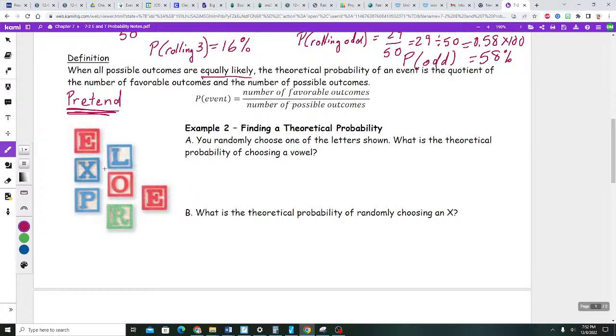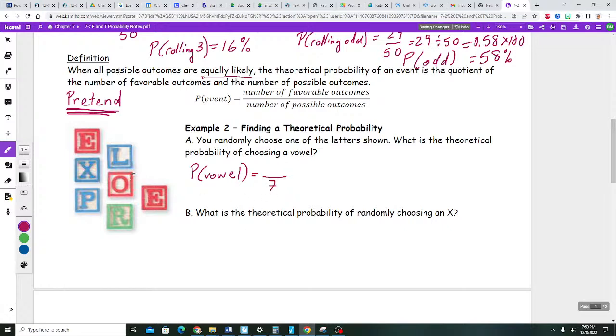So instead of going and grabbing a vowel a whole bunch of times, we're just going to actually look at this and go, hey, how many letters are there? Well, 1, 2, 3, 4, 5, 6, 7. There's 7 possible outcomes. So the probability of choosing a vowel is going to be out of 7.